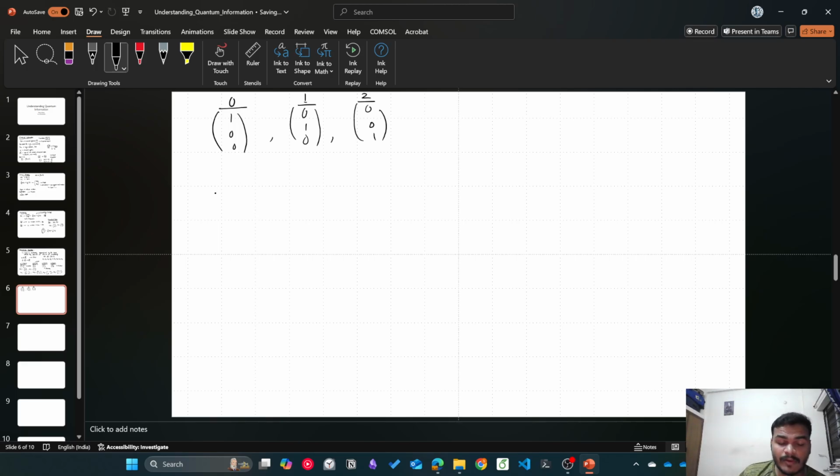And now let's say I have an operation O1 that is taking my 0 to 0. So all my operations will have a matrix form of 3 cross 3, right? Then only if you have a matrix of 3 cross 3 and you multiply a matrix of 3 cross 1, it will give a matrix 3 cross 1, right? That's what we want. We want to convert one state to another state.